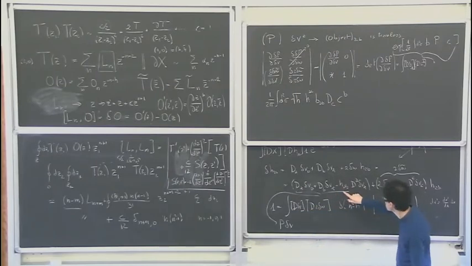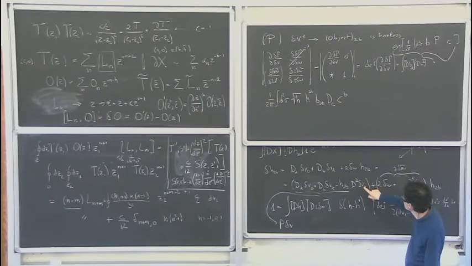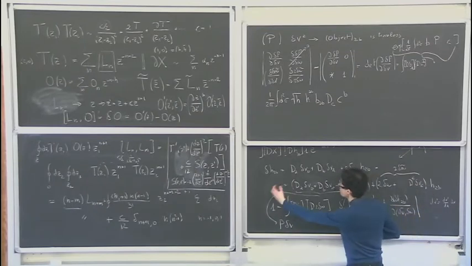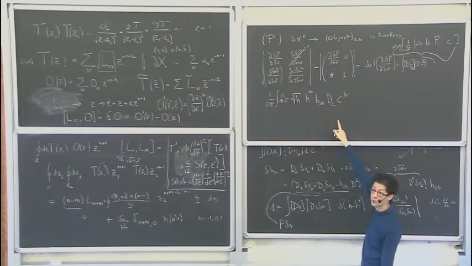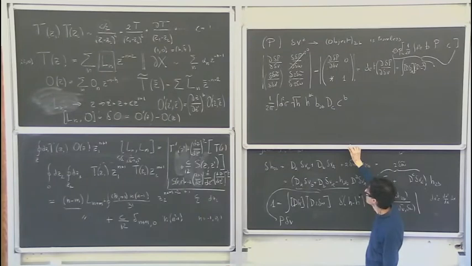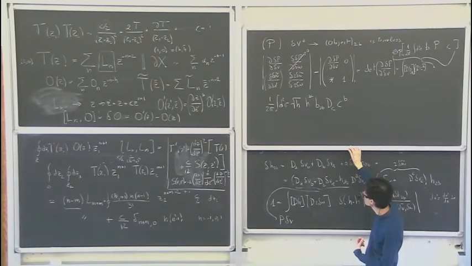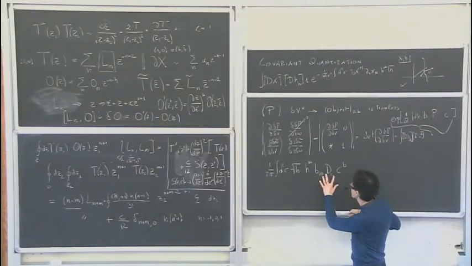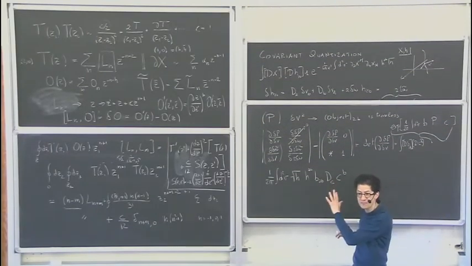So what I'm saying is that this is just one line of algebra. If you call this guy C, and then you multiply everything by BAB, you can match that, it is the same as that. So you see that here we are getting a new sector of the theory, B and C. That's the information.